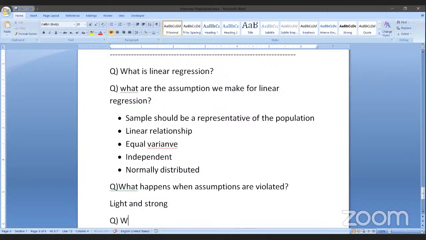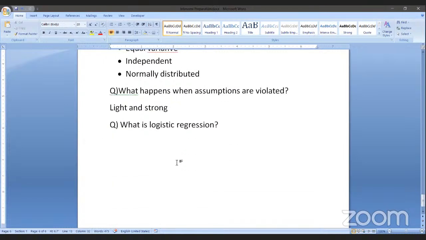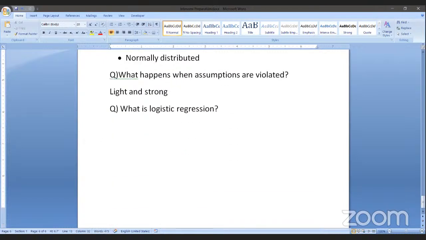Okay, so let's take the next one. What is logistic regression? So linear regression is a part of regression modeling, out of classification and regression. Linear regression is used for regression only. Supervised and unsupervised, it comes in regression. So what is logistic regression?